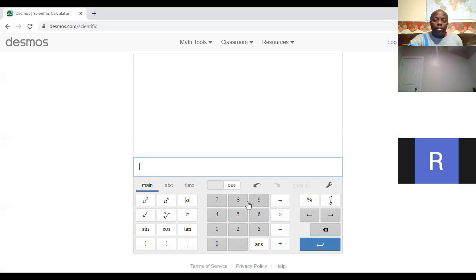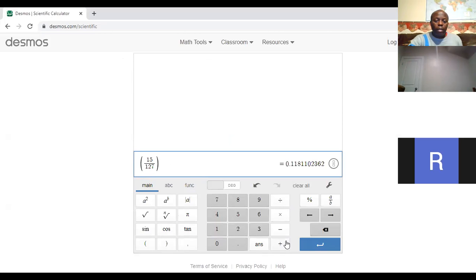So I have this: 15 by 127, plus 32 by 127, and then plus 56 by 127.